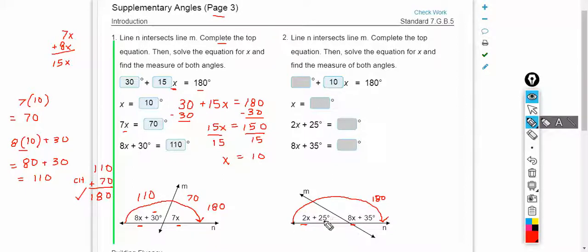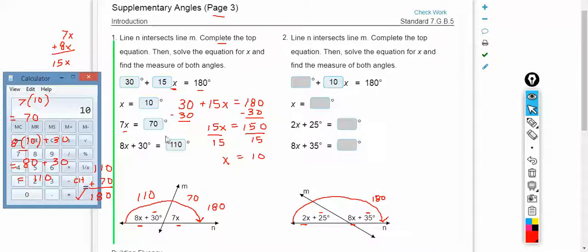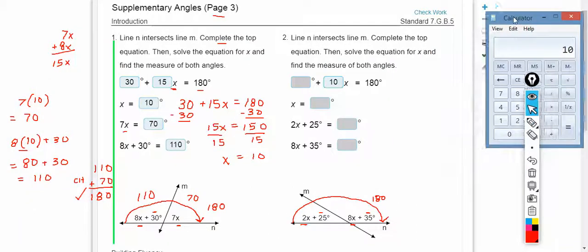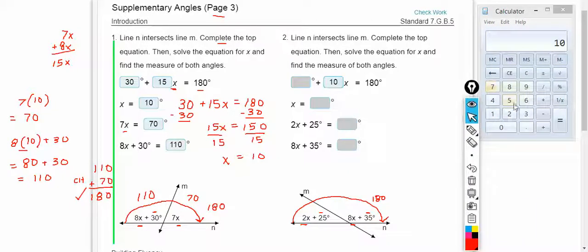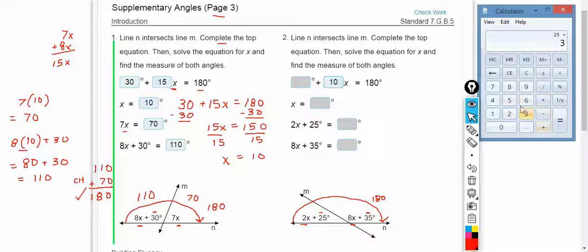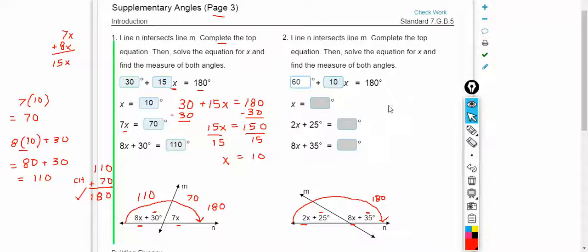We have 25 and 35. That gives me 60. Going to solve for x.